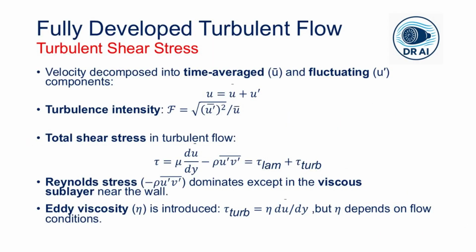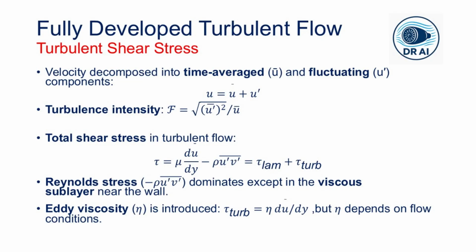The answer is statistical. We decompose the instantaneous velocity u into two parts: a time averaged mean value, which we denote with an overbar, u bar, and a fluctuating part, represented as u prime, which represents the random excursions from the mean.